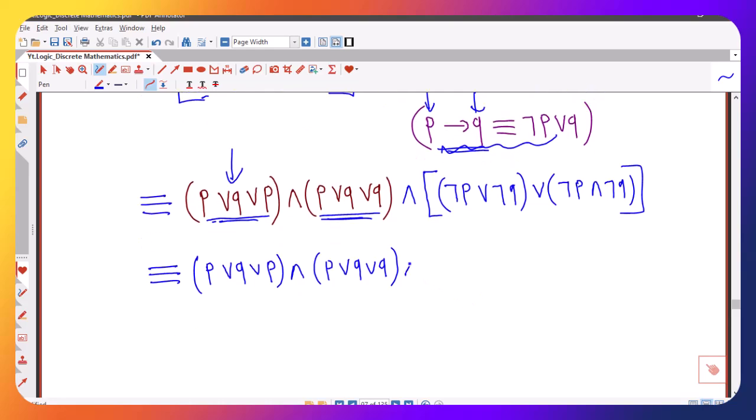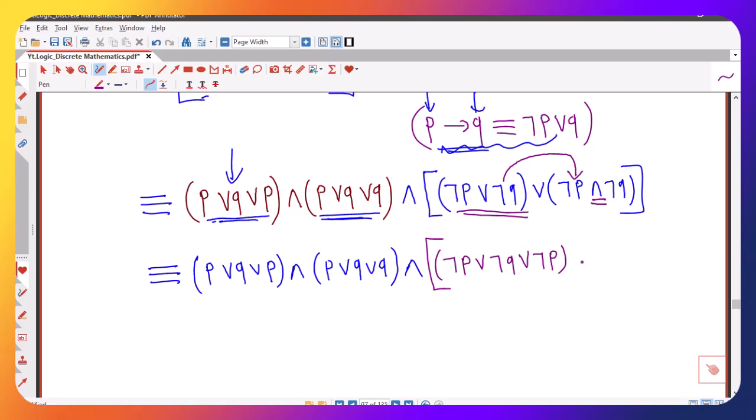And now here I have to apply the distributive law again, so you can understand in this way. Negation P or negation Q, that I will join with negation P and I will keep the OR operator in between. So the first part is (negation P or negation Q or negation P), or we can write it in the bracket.